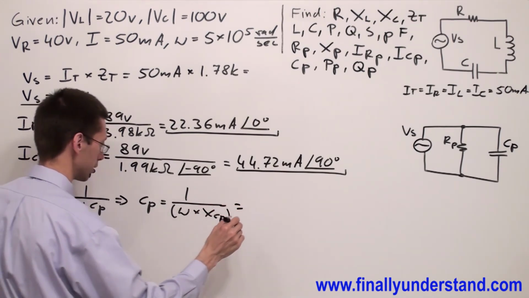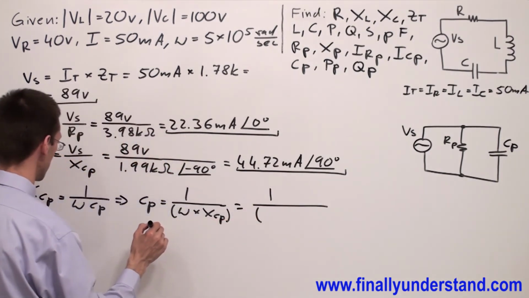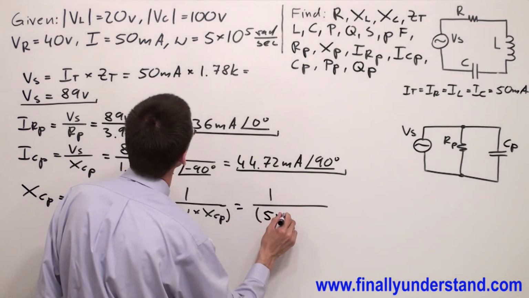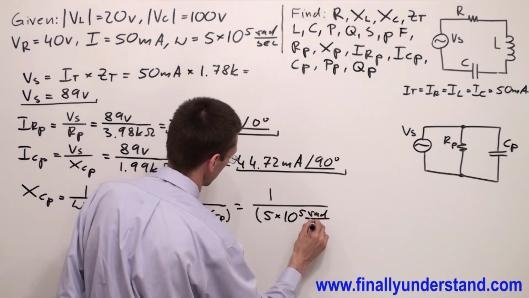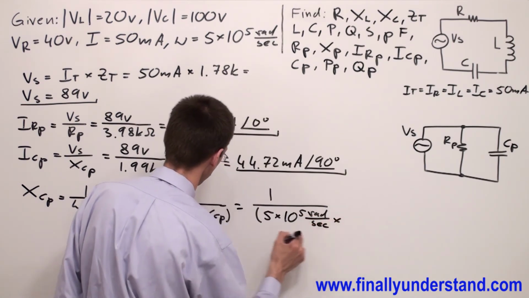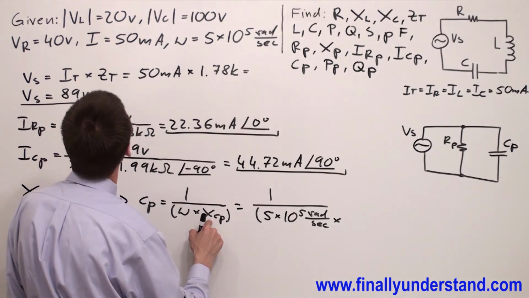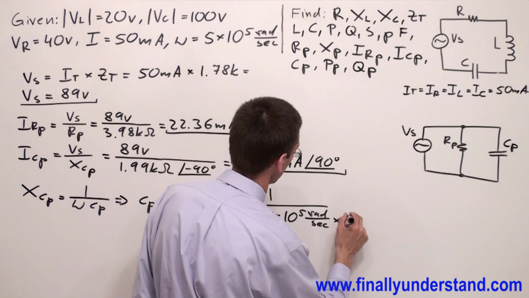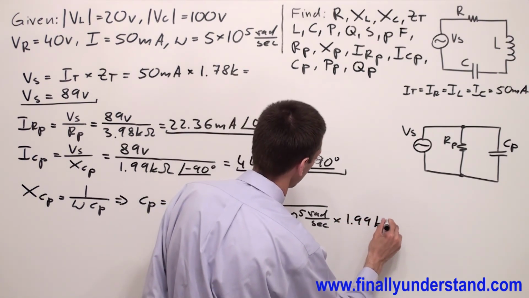This is equal to 1 divided by, open parenthesis, omega, 5 times 10 to the 5th radians per second times XCP, and we found XCP equals 1.99 kilo ohms.